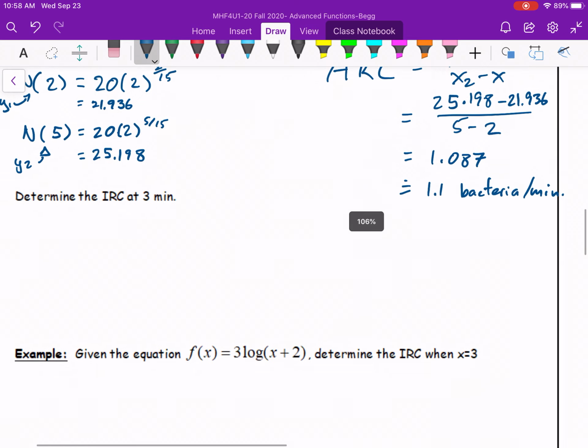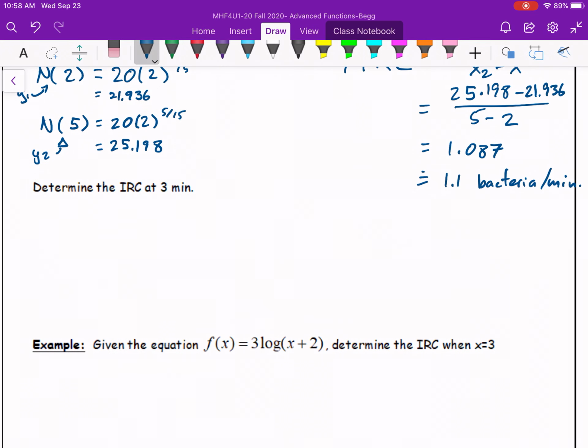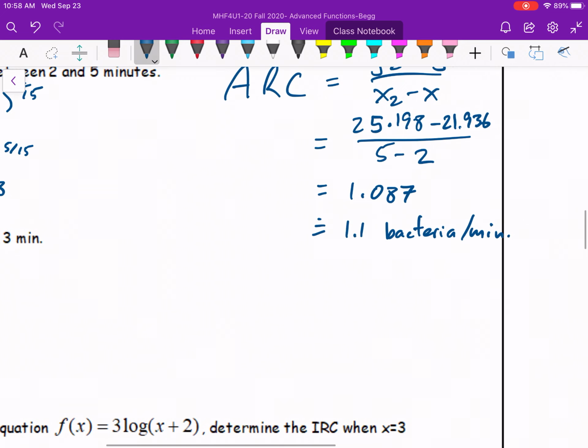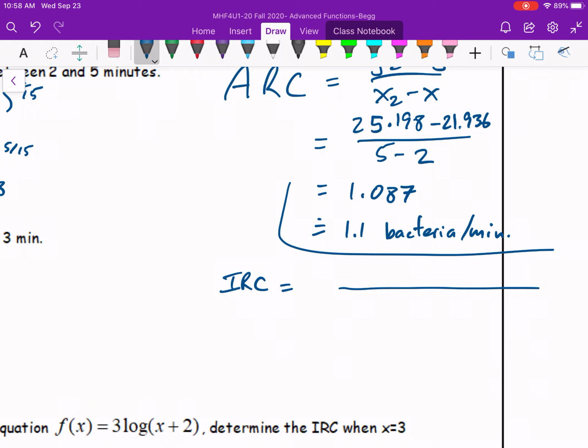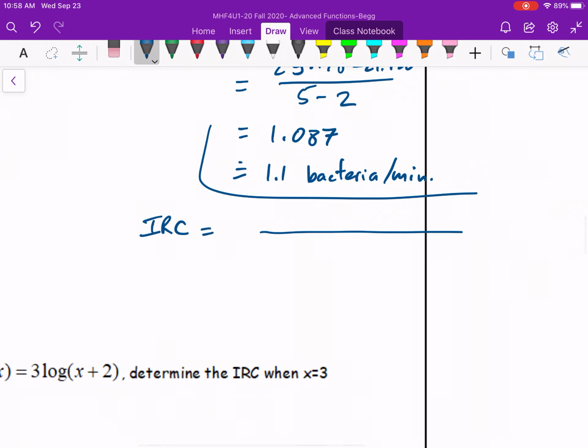Now, if I want to find the instantaneous rate of change at 3 minutes, this is where I have to get back to using that plus or minus 0.001. Still using the slope formula, as we already saw, but now it's using plus or minus 0.001.